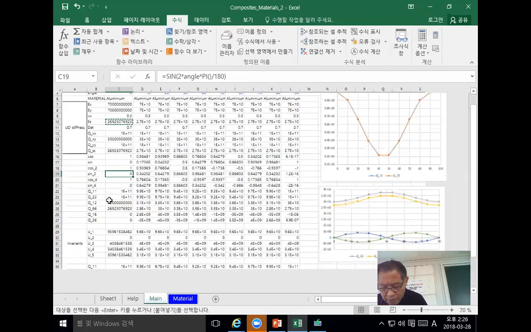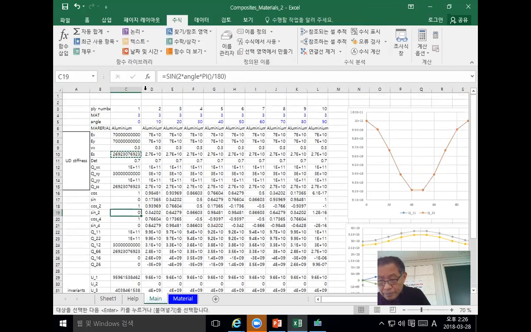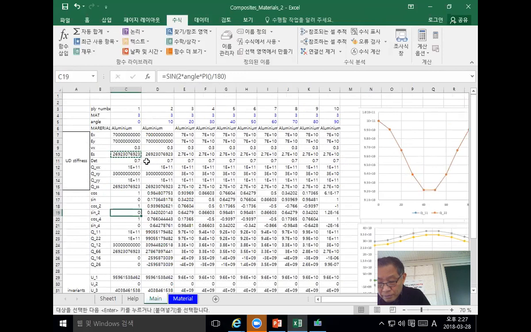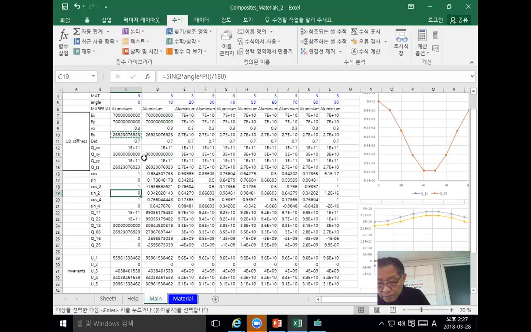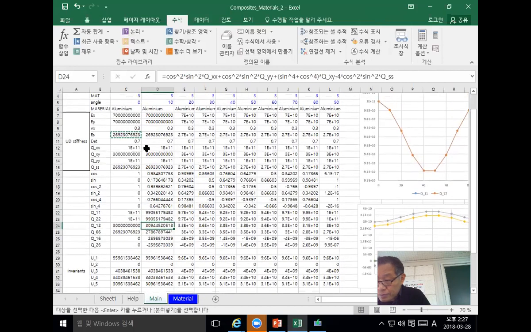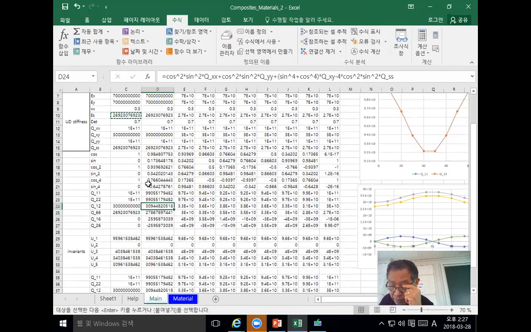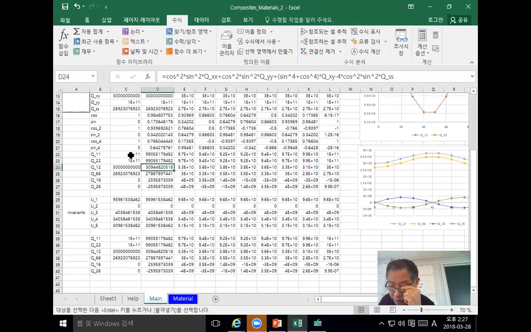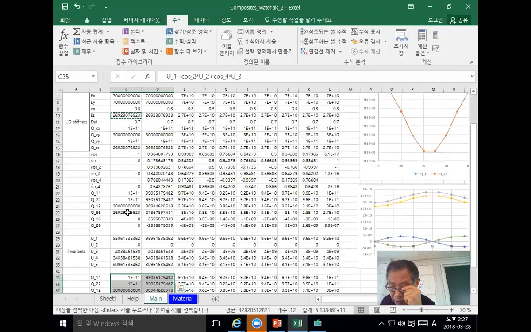Okay, there is still something. Okay, this one, and now why are these values not the same? So these are the same as that.